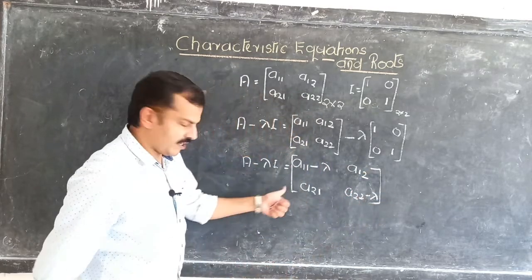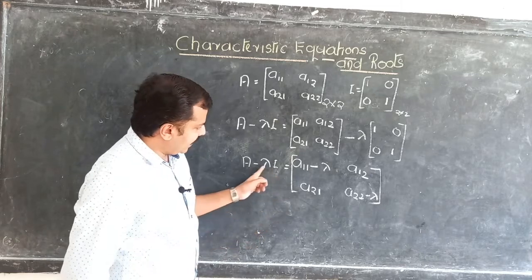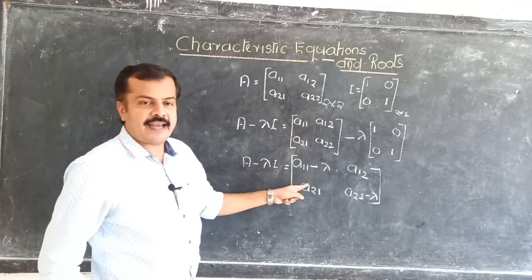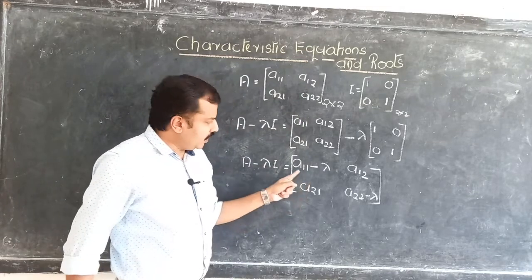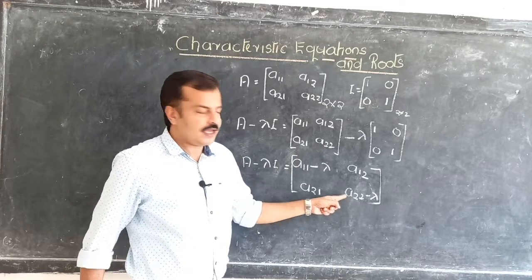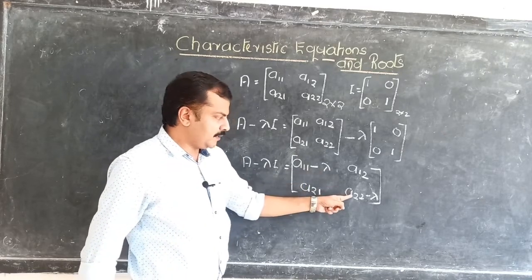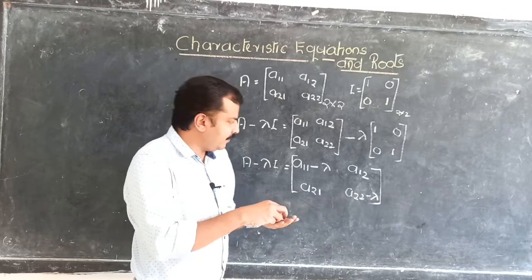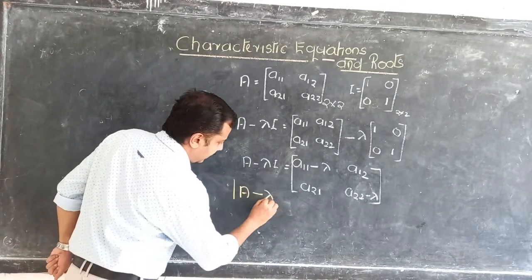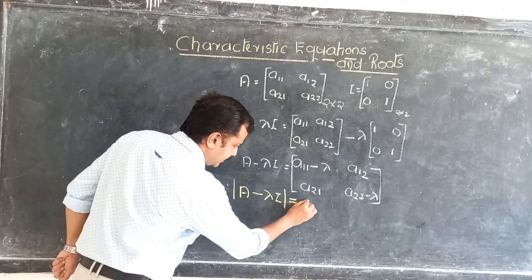This matrix, A minus lambda I, is known as the characteristic matrix. If we calculate the determinant of this matrix and set it equal to 0, that is the determinant of A minus lambda I equals 0.